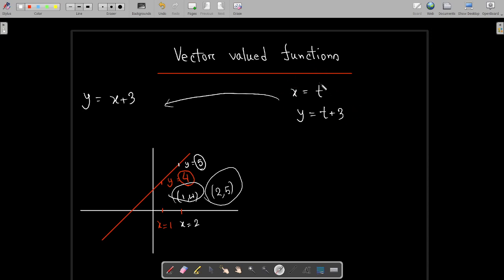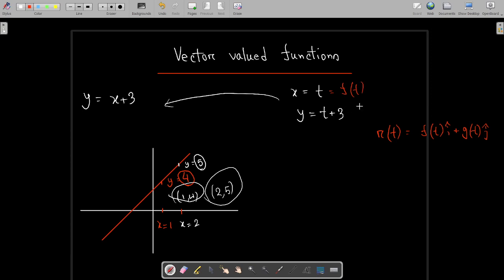Now I am going to write this in a different manner, in vector form. Look very carefully. Now I am writing this function this way. Here x equal to t, that means x is some kind of function of t.